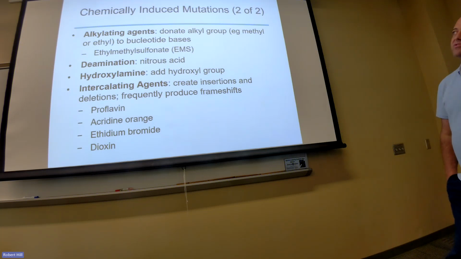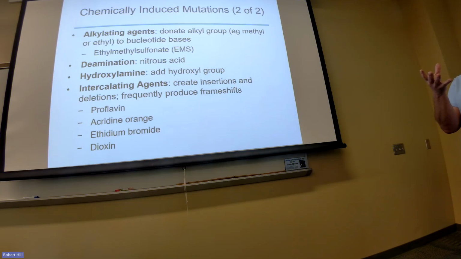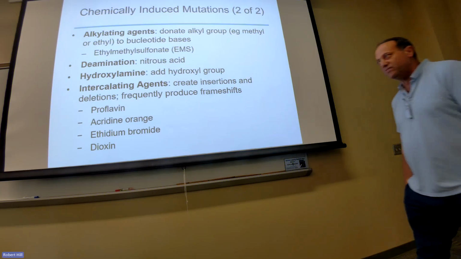Other chemical inducers include chemicals that deaminate. We just saw examples of deamination. Hydroxylamine will add hydroxyl groups. And then also intercalating agents. Intercalating agents insert and fit in the grooves of the DNA. It's almost like adding additional nucleotides in there between the base pairs of the DNA.